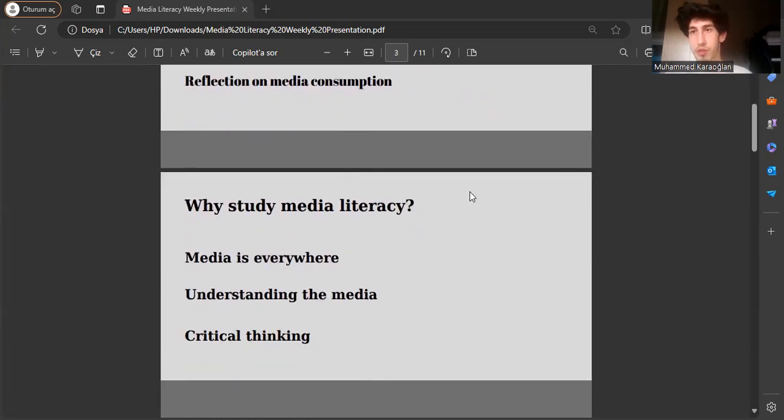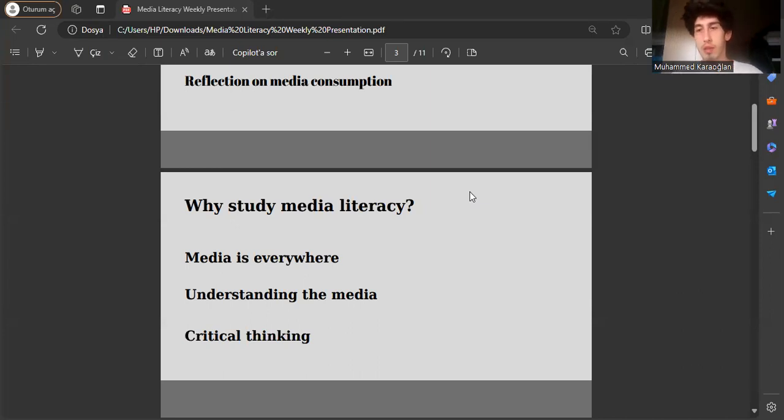Why study media literacy? The main cause is that media is everywhere. Everywhere we look is actually media: on mobile phones, in social media, on our computers, the internet, televisions, newspapers, magazines. Everything we can think of is part of the media.